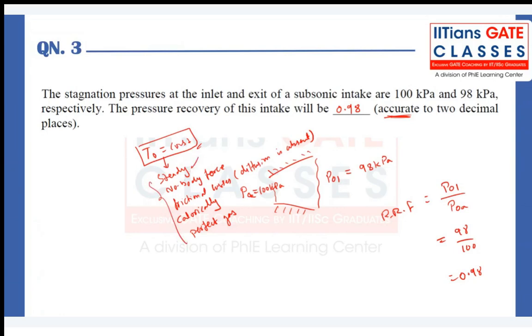So these are the things which can actually change the total temperature. Whenever I say total temperature is constant in a flow field, I am inherently assuming this is the flow field I am referring to. The last one is adiabatic. Okay, so important.